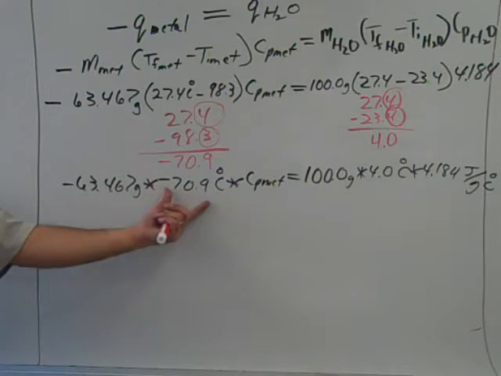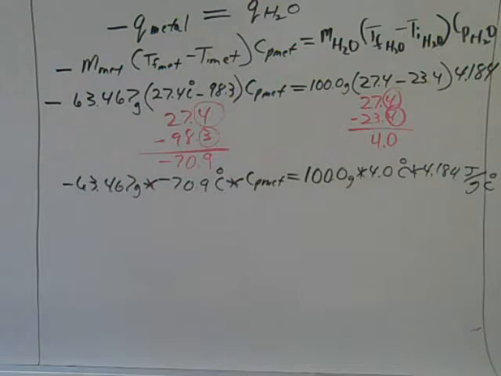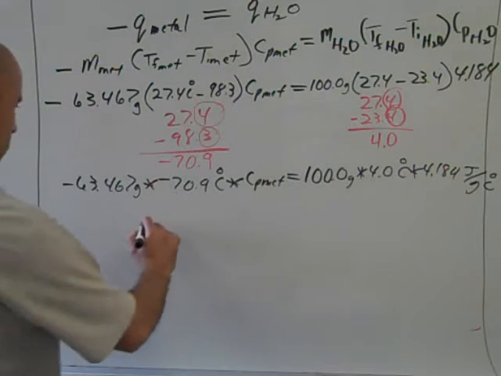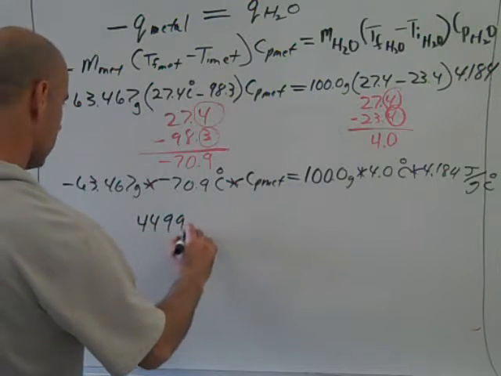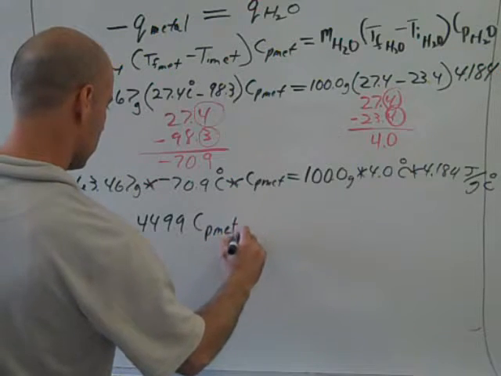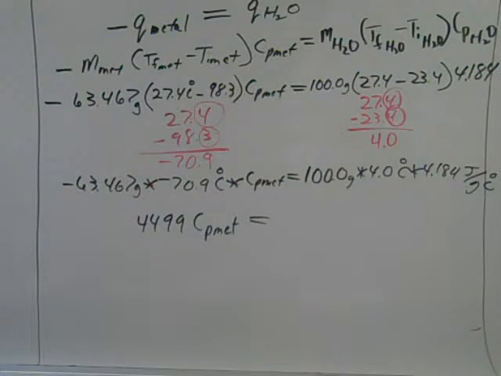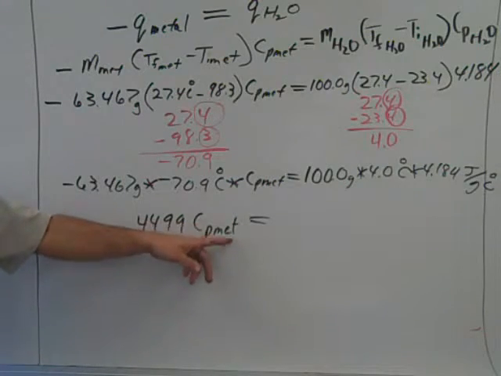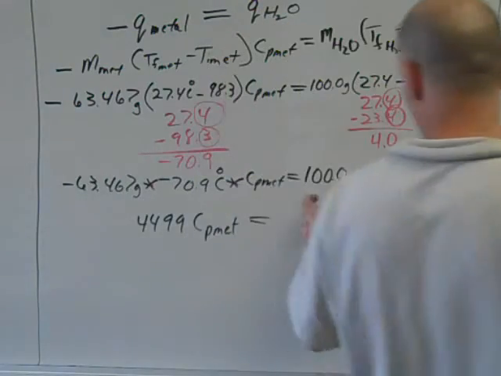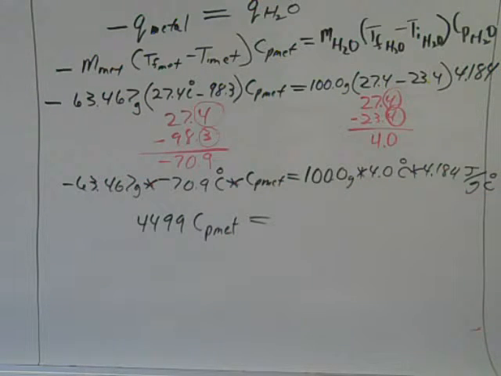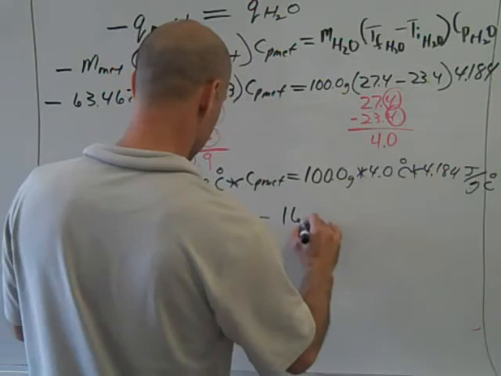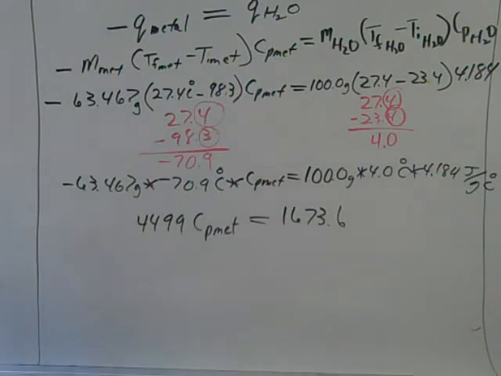So now, what's a negative times a negative? Positive. So I end up with 44.99 times the specific heat of the metal is equal to 100 times 4.0 times 4.184, which is 1673.6.